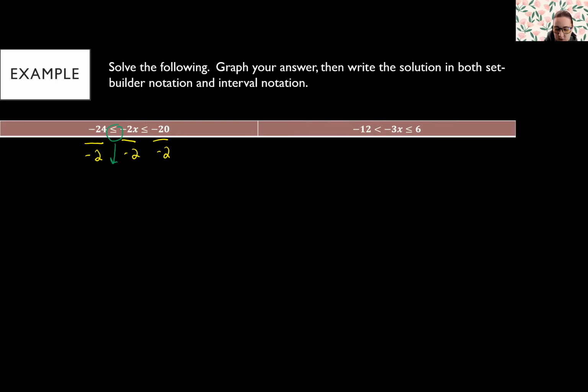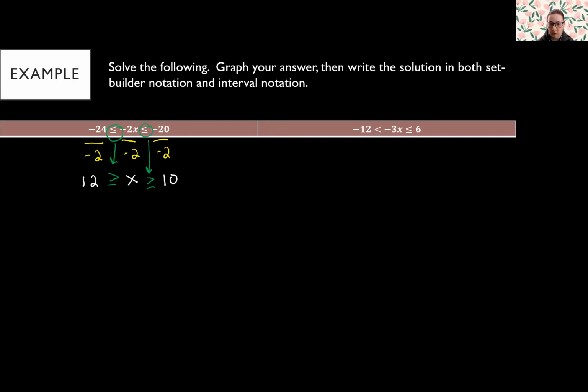So the less than or equal to becomes a greater than or equal to. And that's because we divided by a negative. So all of those are going to flip. And then you actually put in the numbers. So -24 divided by -2 is +12. Then I have my x, and then -20 divided by -2, that's a +10. So I had to divide by -2, and dividing by a negative causes the inequalities to flip.